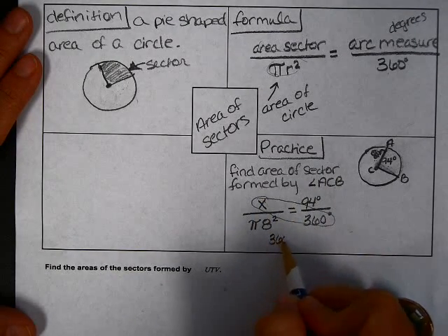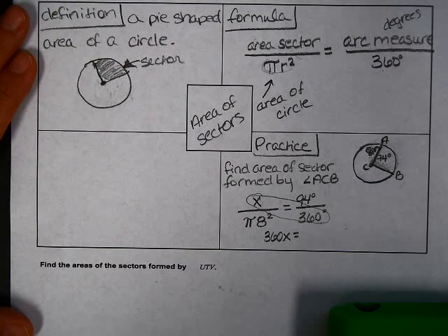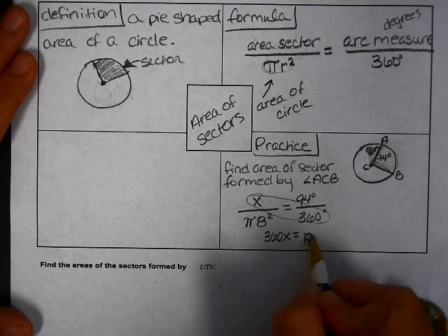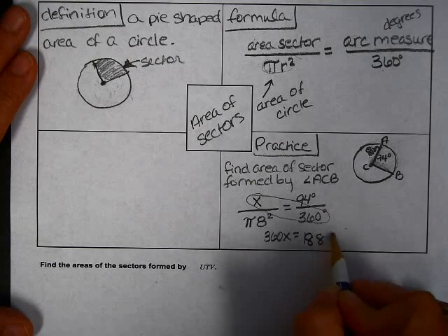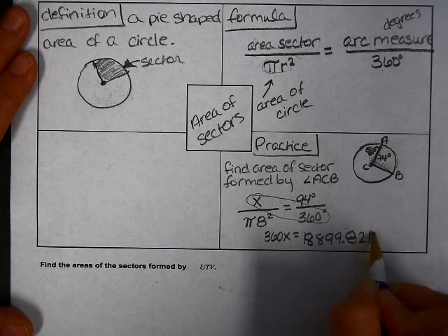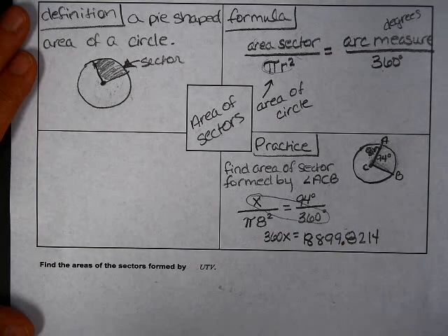So we have 360x is equal to pi times 64 times 94, which gives us 18,899.8214. I didn't round that. That's actually where it stopped.